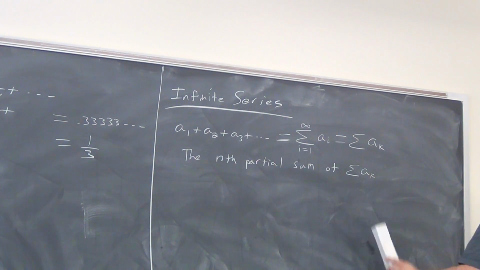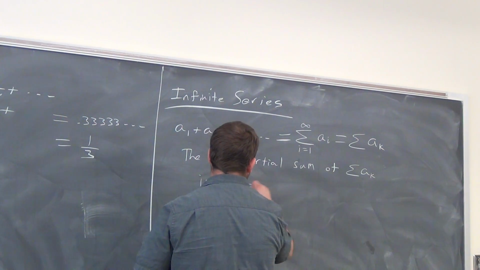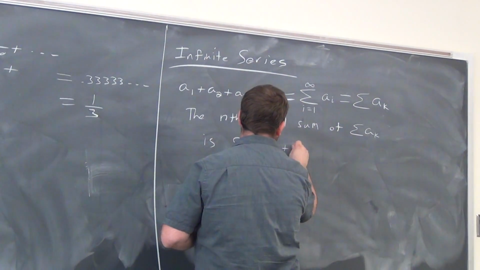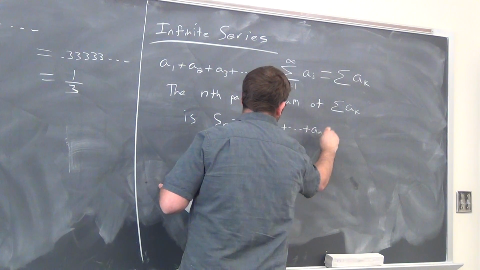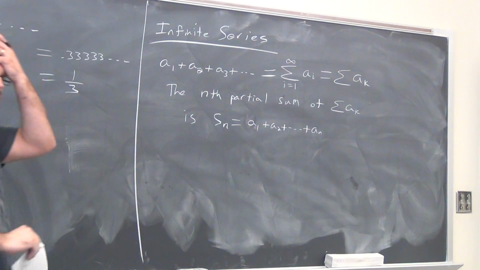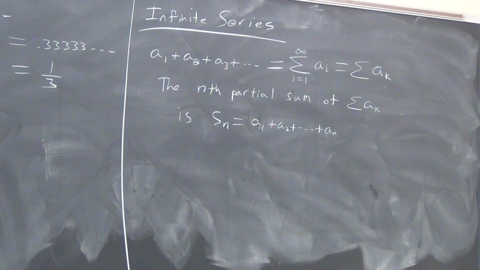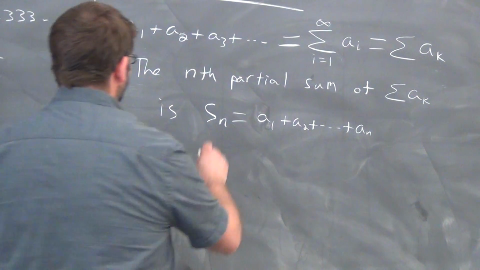So the nth partial sum of these guys is S of n, and again, it's just a1 plus a2 plus ... plus an. So you're just adding the first n terms of your series or sequence. Does that make sense? Okay.